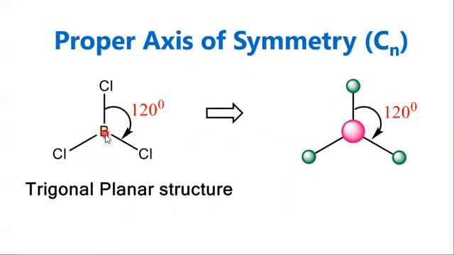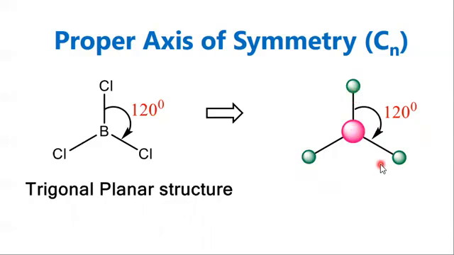The atomic radius of boron is greater than chlorine, so boron is denoted as a pink sphere and the 3 chlorine atoms as green. In reality, all these atoms exist as spheres.